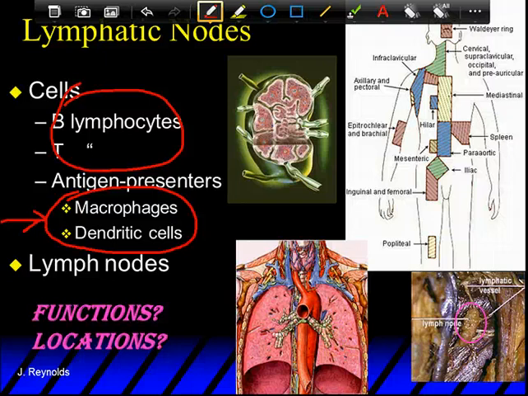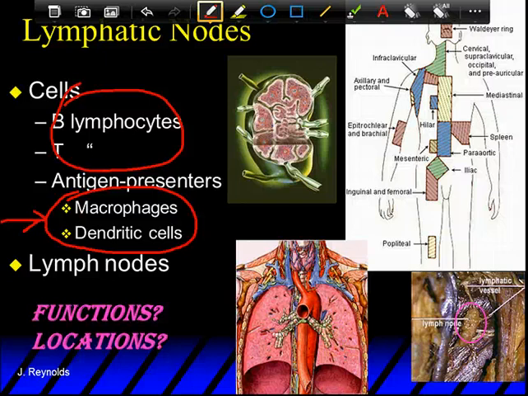Pollen antigen, strawberry antigens. It could be antigens in the form of a kidney that is being given to you. You are the recipient. Well, the person who that kidney came from, they have their own antigens on their cells. You have antigens all over your cells. Remember agglutinogens on red blood cells? Those are antigens, but they're your self antigens.